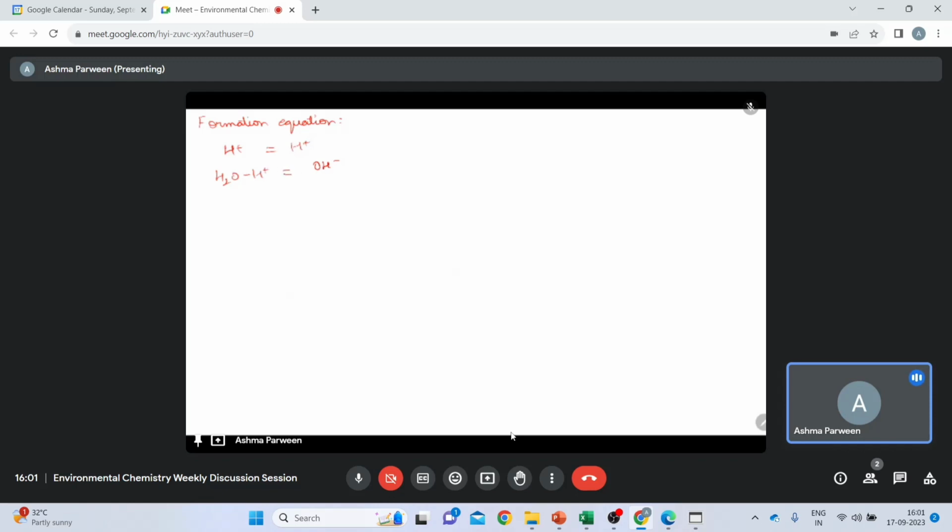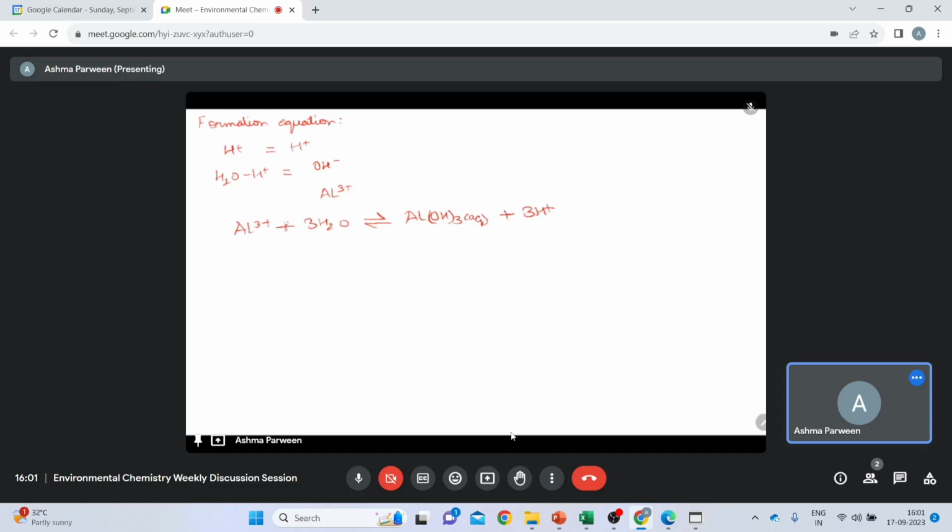Next we will write for the next species, that was Al3+. We have to write it in terms of AlOH whole 3. We know that Al3+ plus 3H2O will give us AlOH whole 3 aqueous plus 3H+.